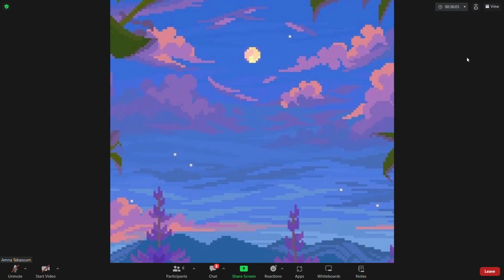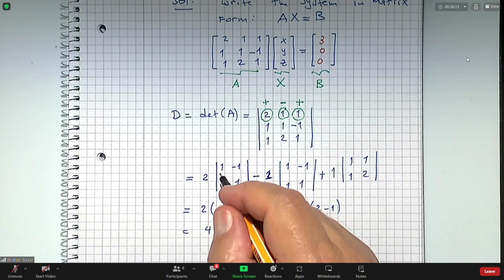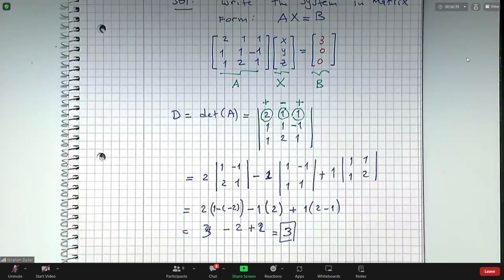Why are we skipping the first 1 times 1? 1 minus, this is 3, right? 1 plus, yes, 1 and then won't we write 1? Yeah, here, this is 3, this is 2. So we end up having, isn't it 6 instead of 3? Okay, so I have here 3.